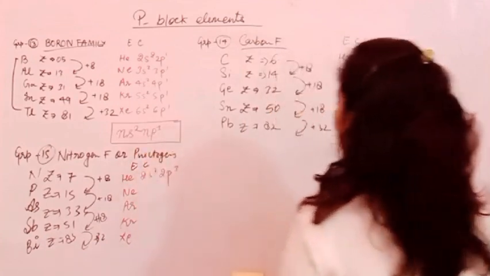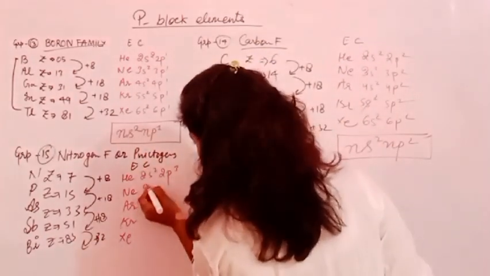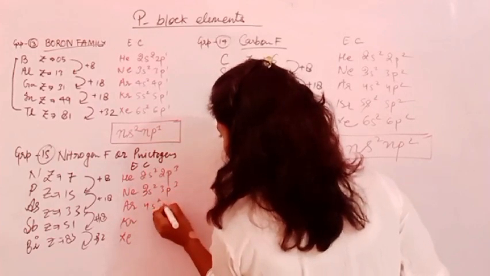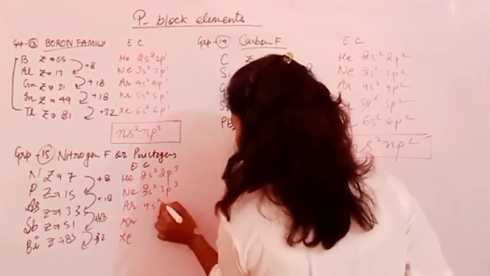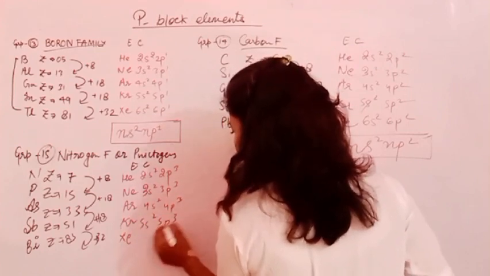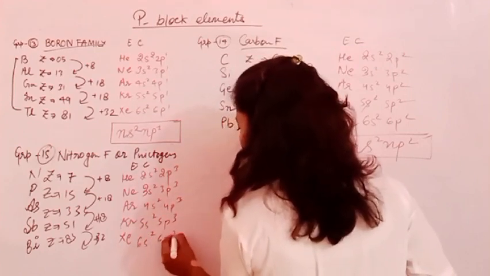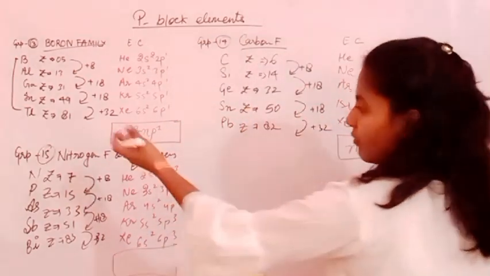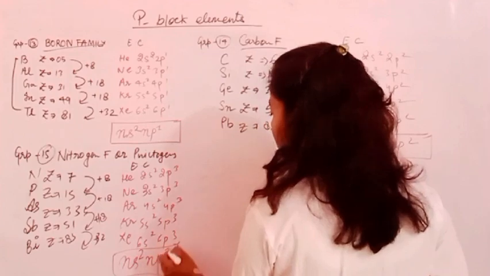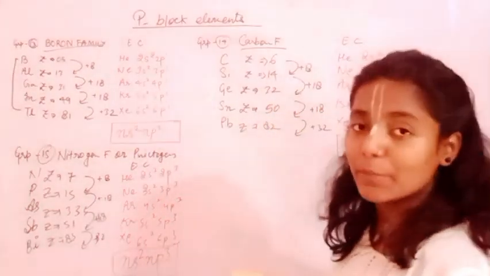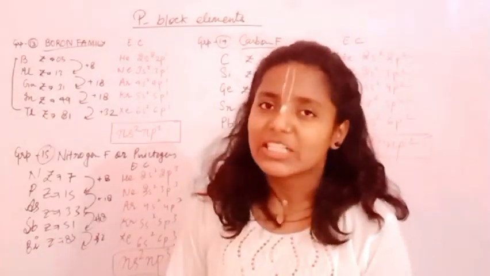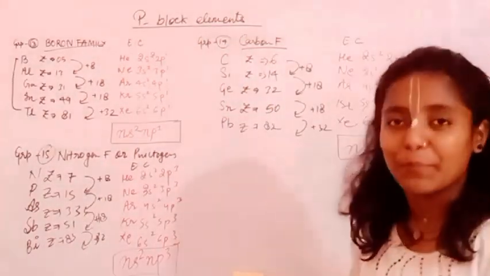What changes is np1, np2, and here np3. So the general electronic configuration for group 15 is ns2 np3, for nitrogen and its family.